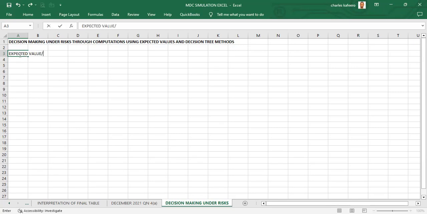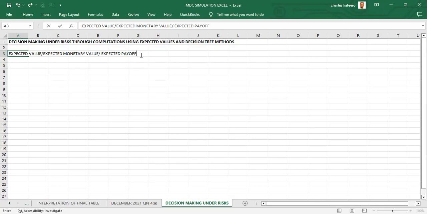We said expected value is the same as expected monetary value, and we said it is the same as expected payoff. They all mean the same thing.